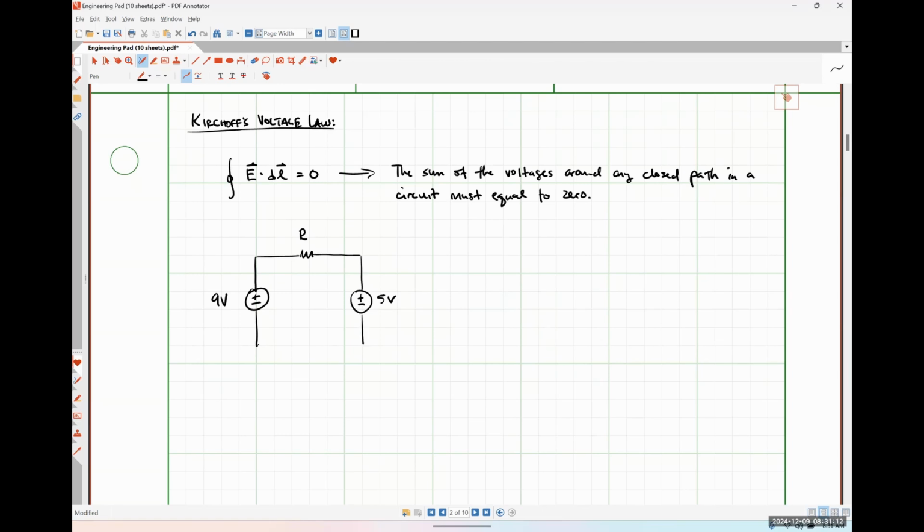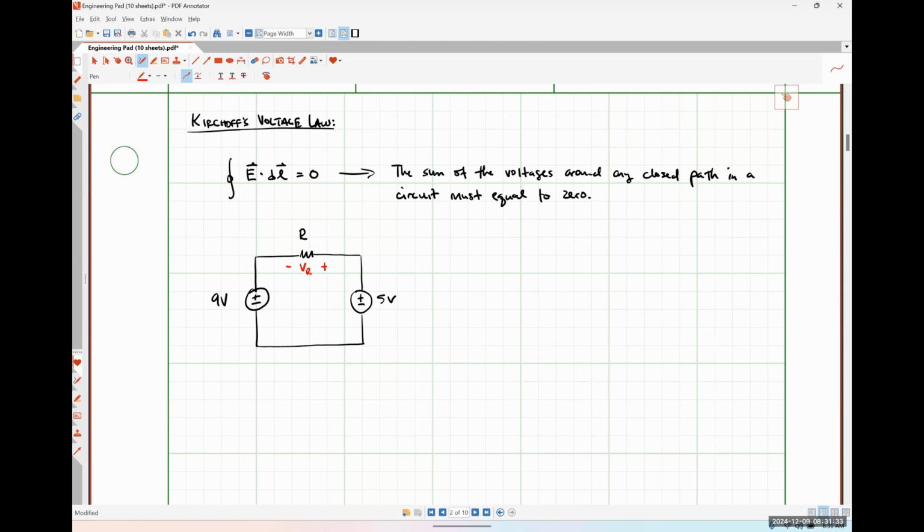And then we have a 5-volt source over here. And we are interested in figuring out what the voltage drop across that resistance is with this particular polarity.